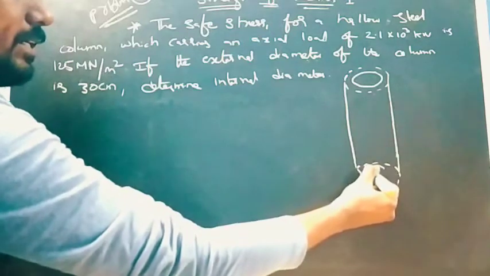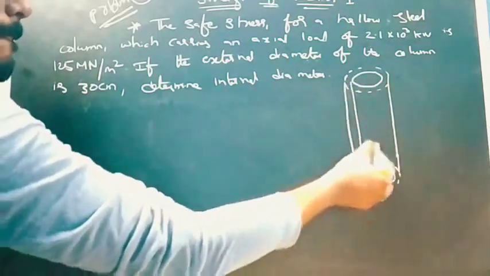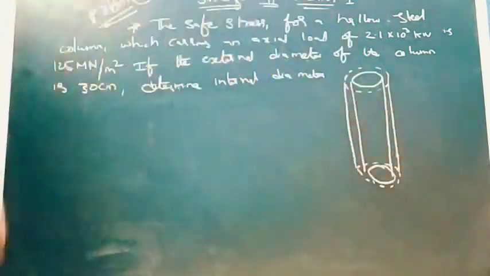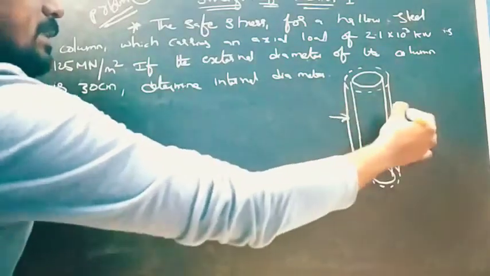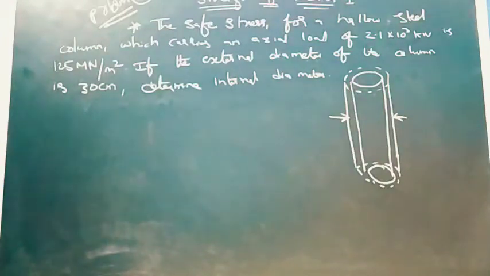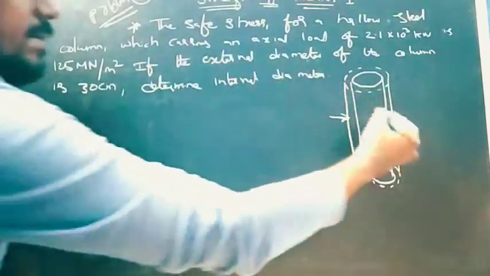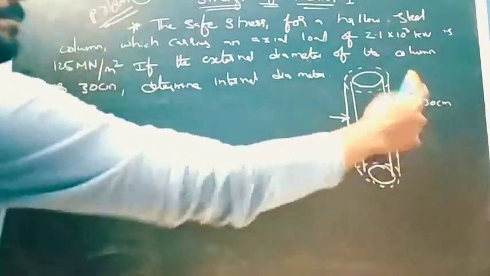And this is the internal diameter we need to find. So the external diameter is given, 30 centimeters.